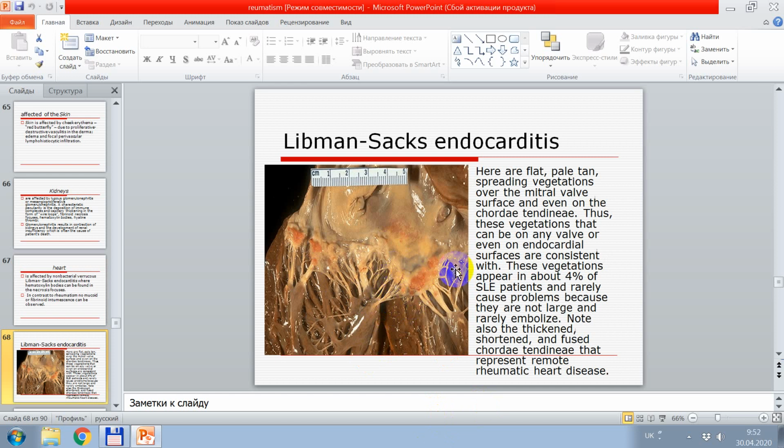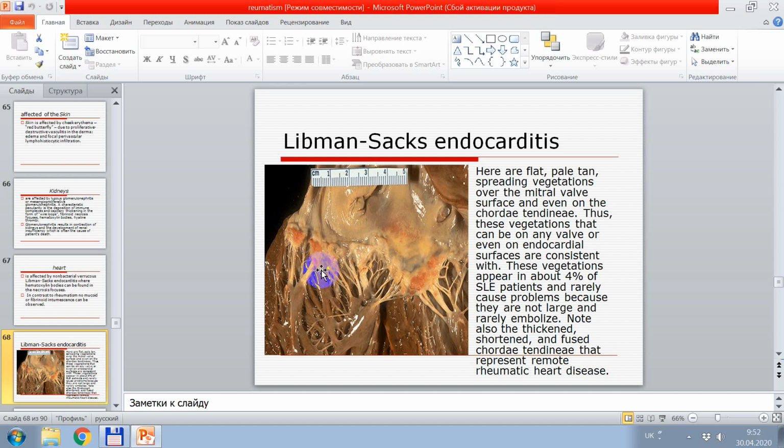Here are flat, pale vegetations spreading over the mitral valve surface and even onto the chordal tendons. This vegetation can be on any valve or even on the endocardial surface.